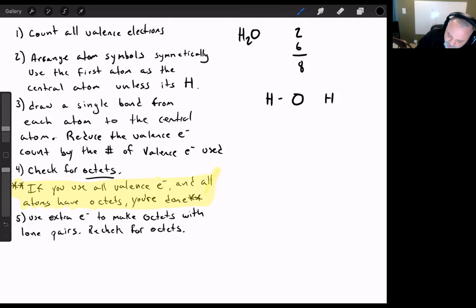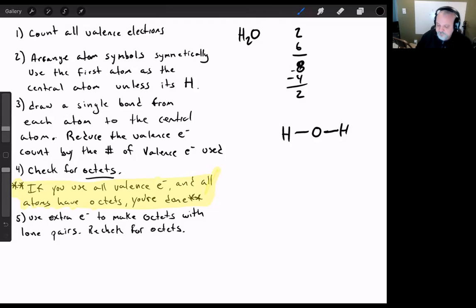Okay, let me draw my bonds. 1, 2. How many did I use there? I used 4. So I have 2 electrons left. Let me just make some room. Okay, check for octets. Hydrogen's fine. It's got its 2 electrons.